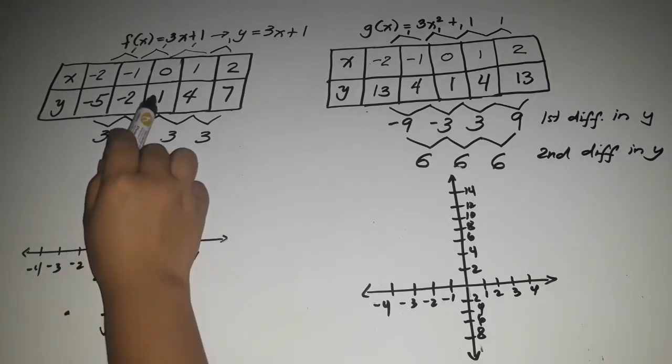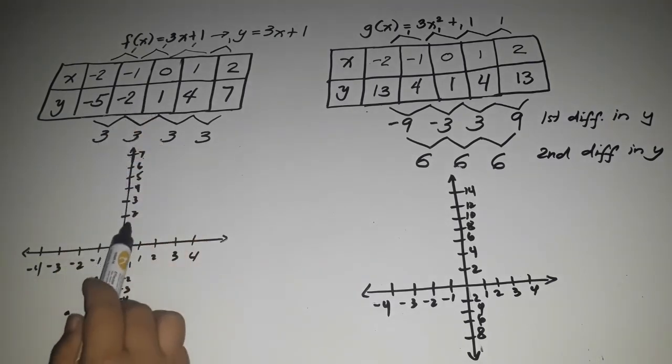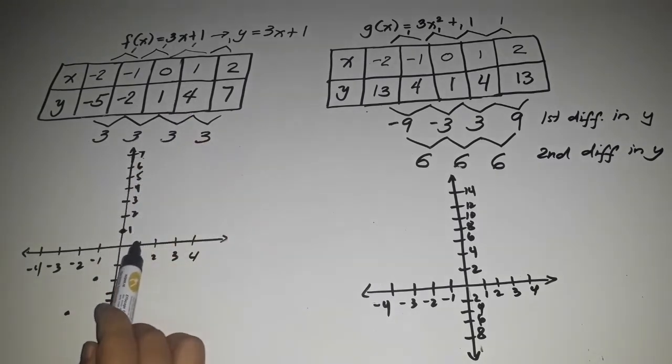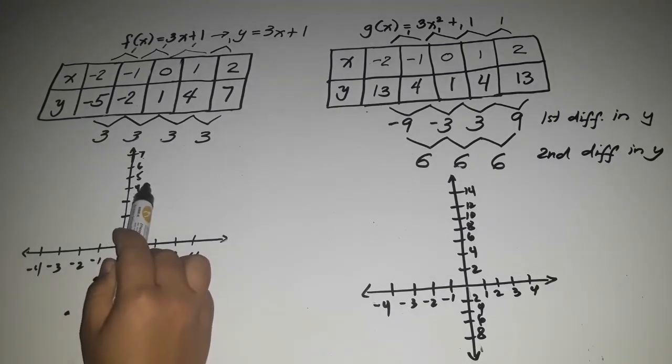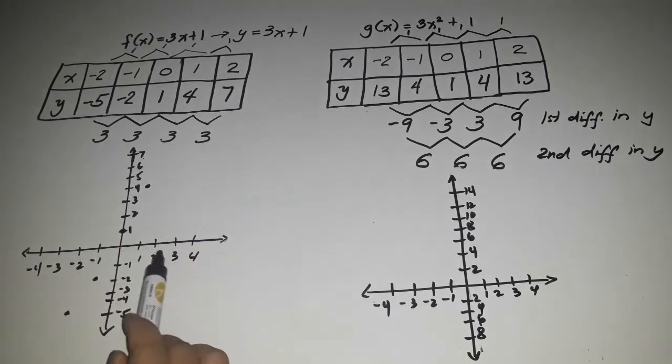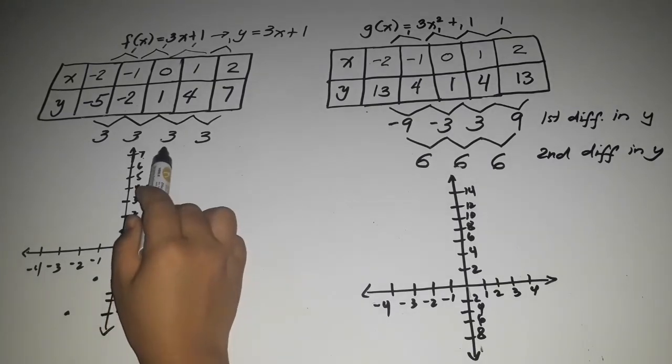And third, 0, 1. Fourth, positive 1, positive 4. And last, positive 2, positive 7.